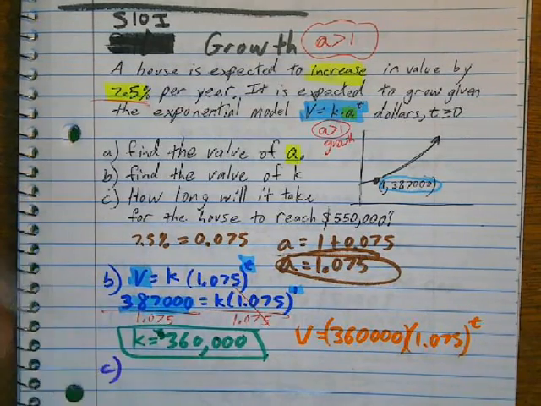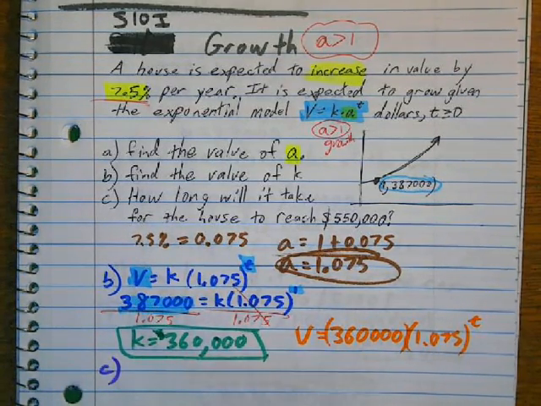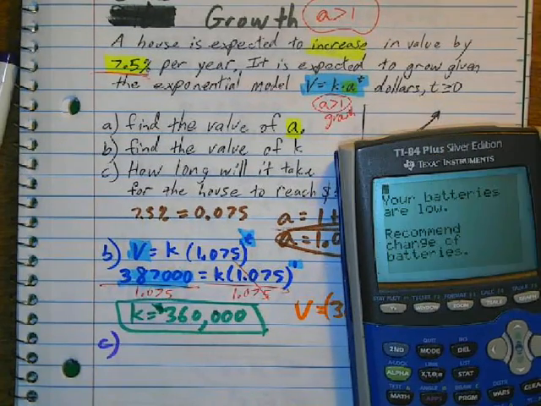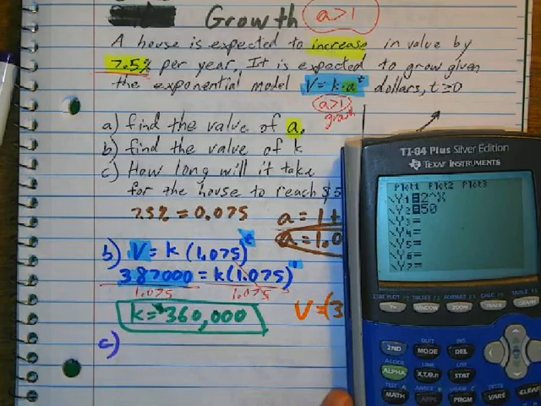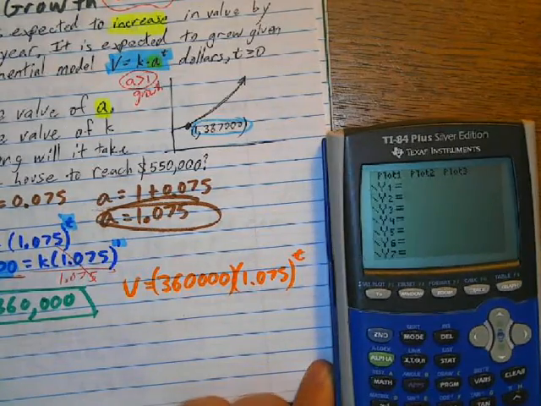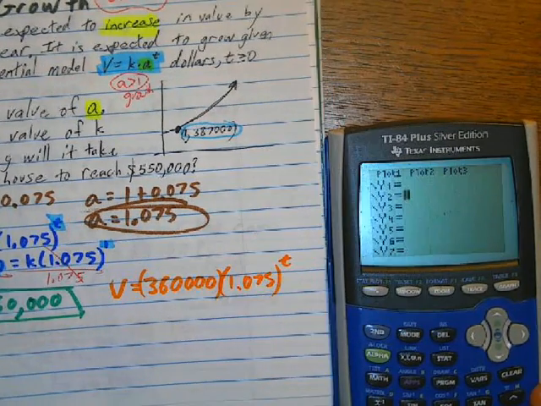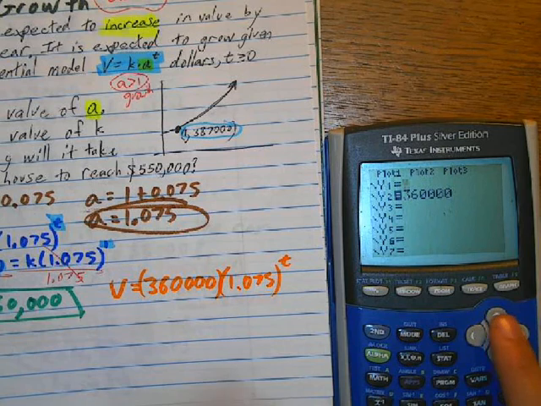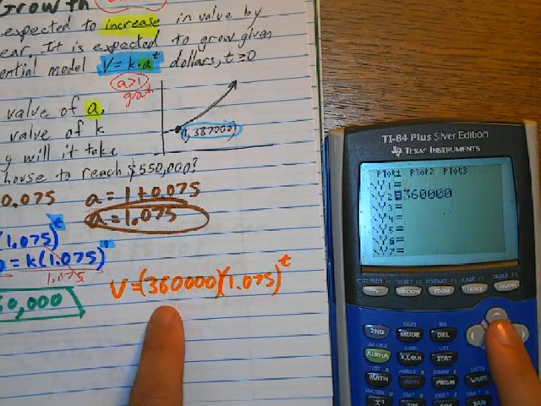So I'm going to do just like we did in the previous assignment. I'm going to hit y equals, and I'm going to put in the equation. So we've got 360,000, okay, and then the equation that goes up here is, oh wait, that's not right.